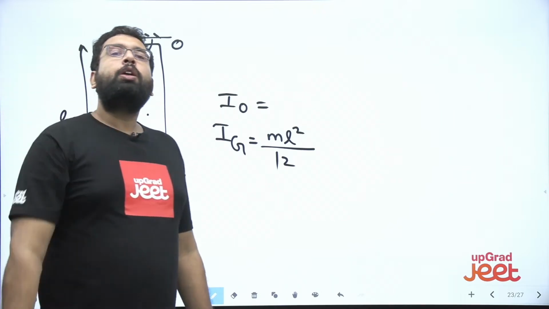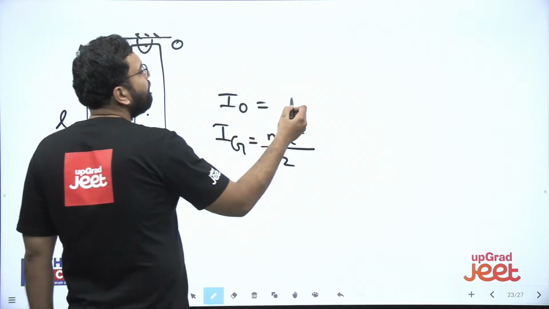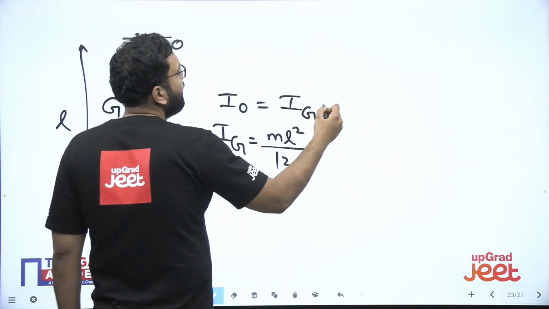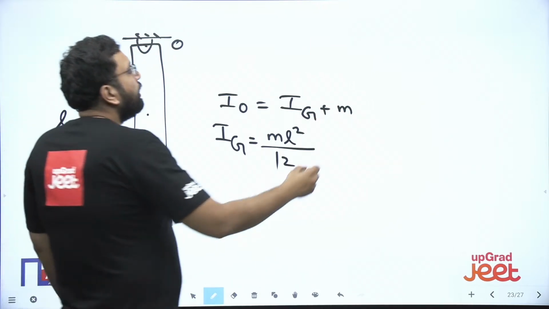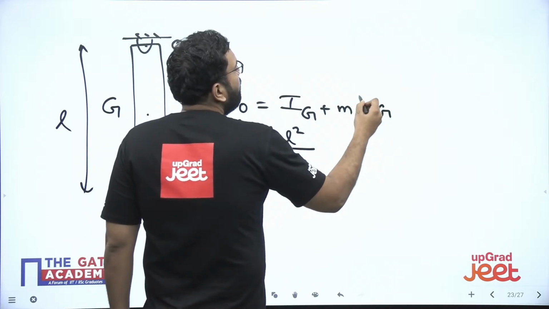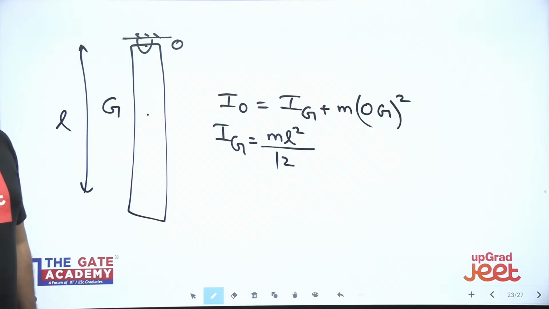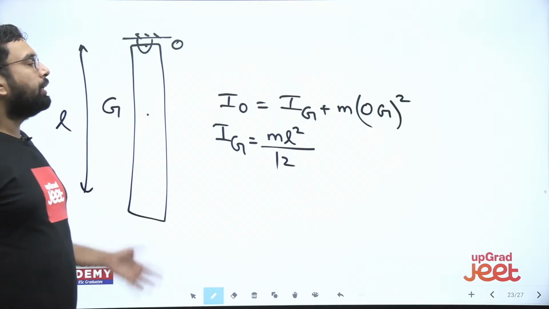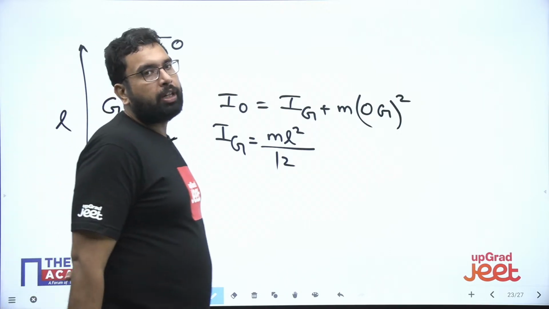But what do you want? You want the moment of inertia about the hinge. So you have to apply the parallel axis theorem. It is going to be Ig plus M times the square of the distance between the point about which you want to find the moment of inertia and the center of gravity. The same you may use in finding area moment of inertia also.